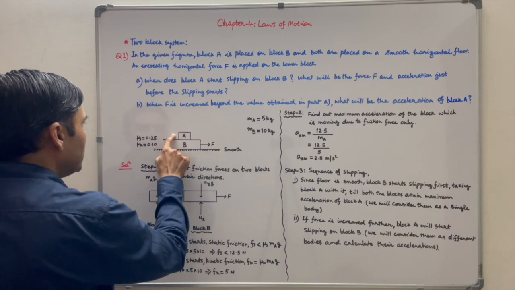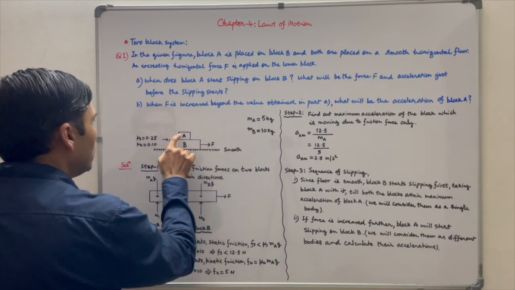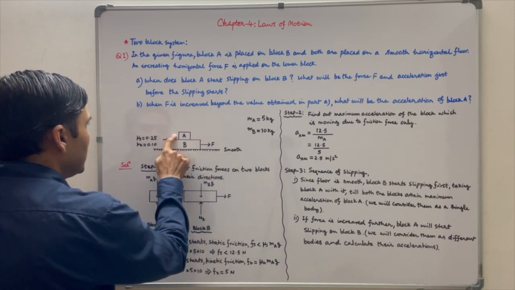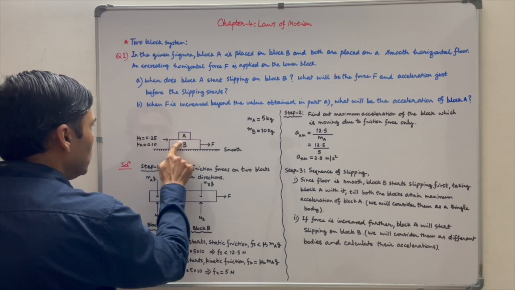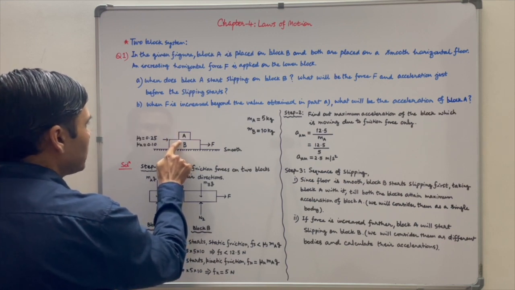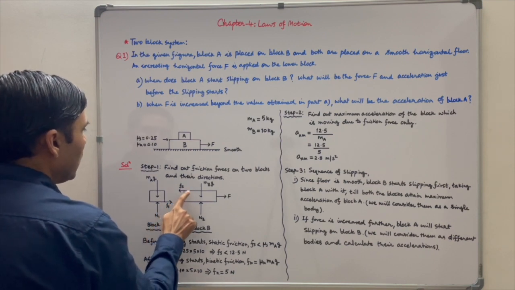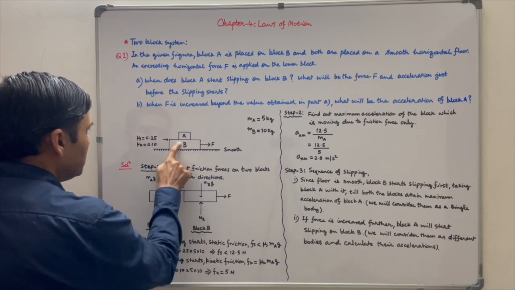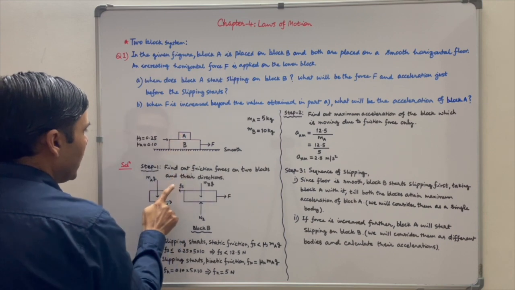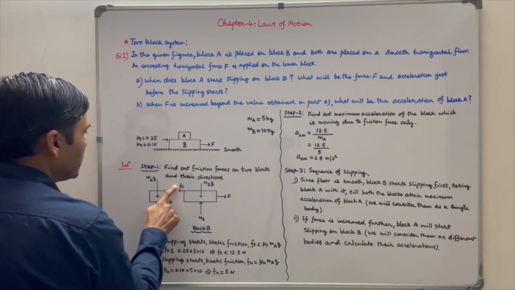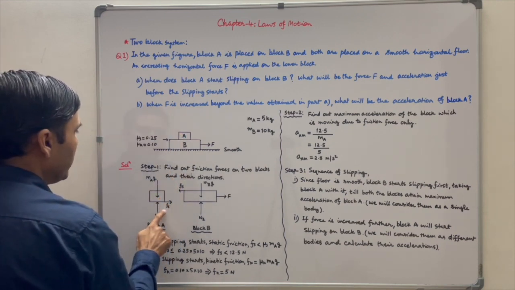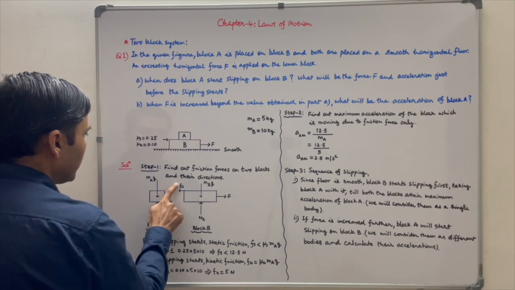So block A is moving in forward direction only because of friction force. It is working on its lower surface which is in contact with block B and it is represented by Fs. On upper surface of block B, which is in contact with block A, an equal and opposite friction force works because they make action-reaction pair.